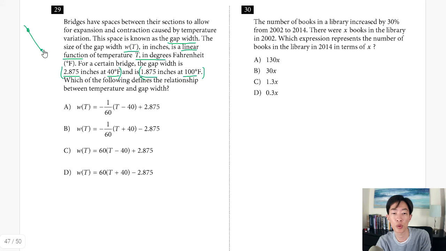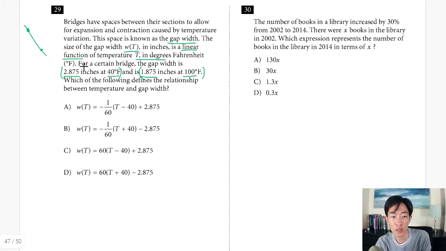That's another point on the line. And you guys know that if you have 2 points, that's enough information to define the line. And they're asking us which of the following defines the relationship. That's another way of asking which of the following is the equation of a line, because you notice that all of these are linear equations.